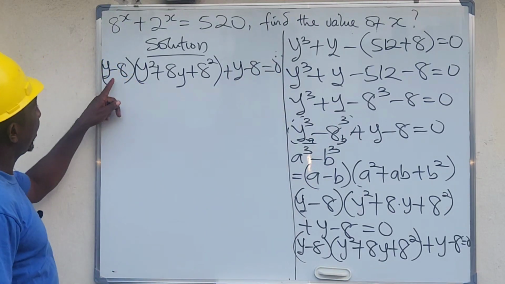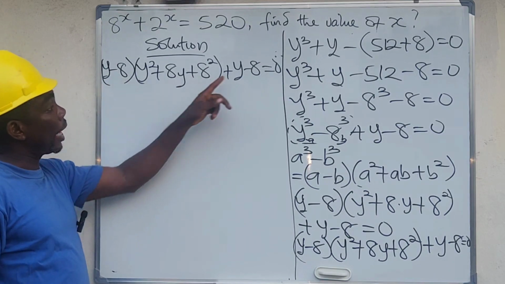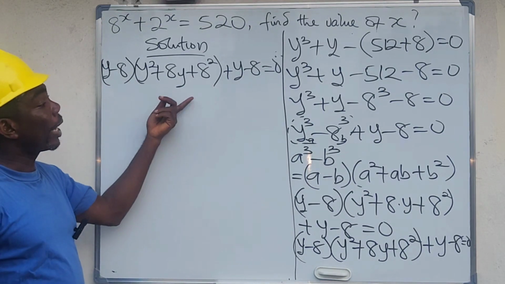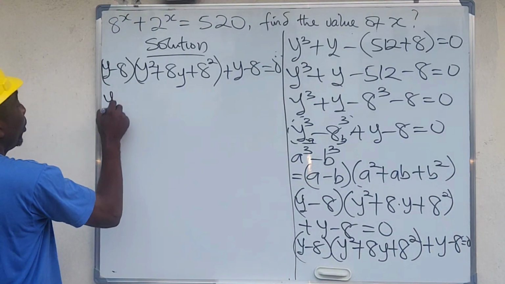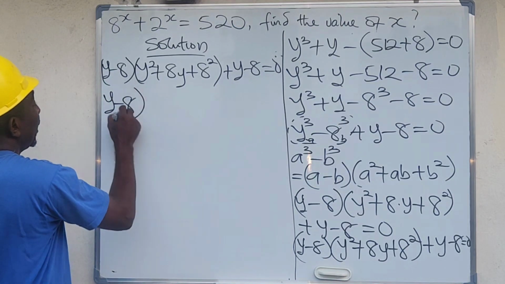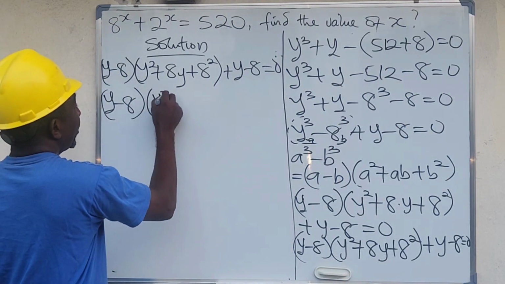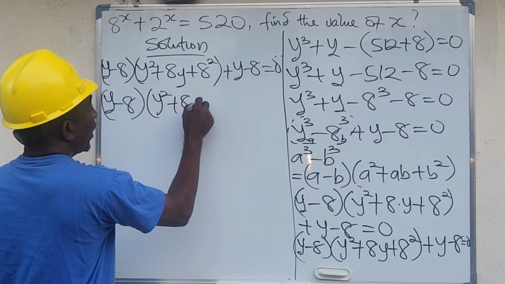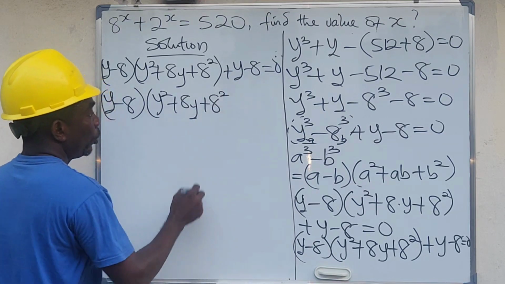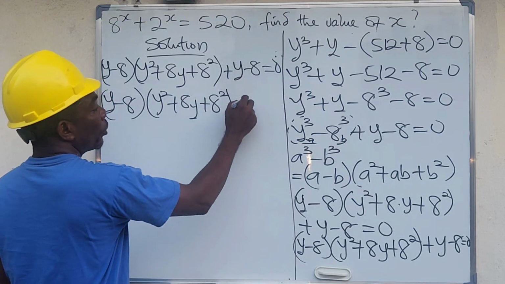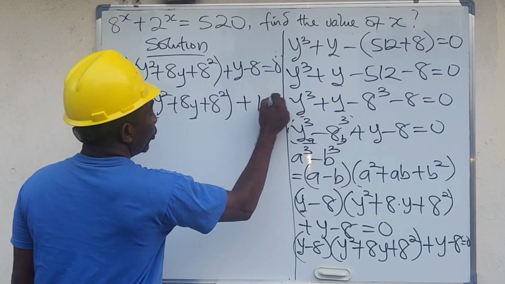In this case, we have y minus 8 here and y minus 8 here, so we can factor it out. So we have y minus 8 into y squared plus 8y plus 8 raised to the power of 2, then into plus 1, equals 0.